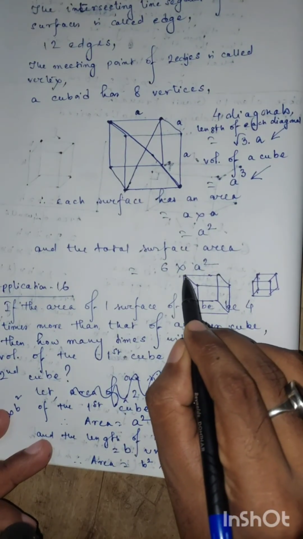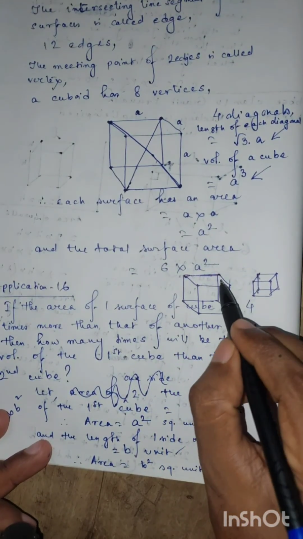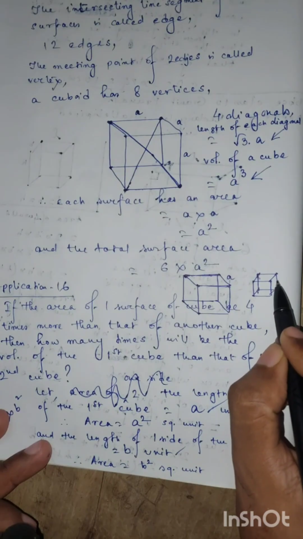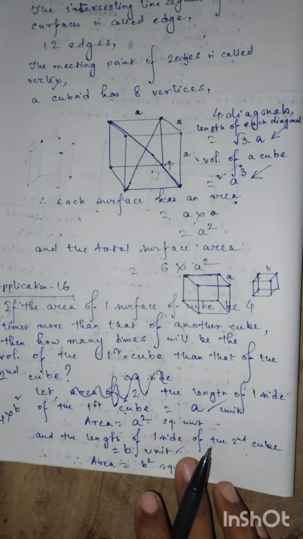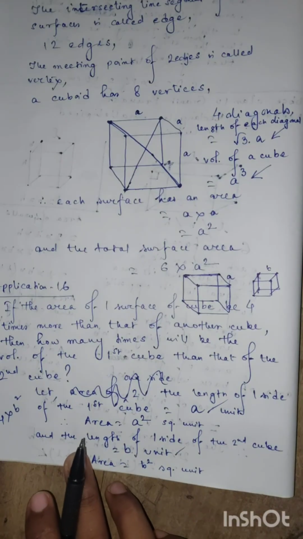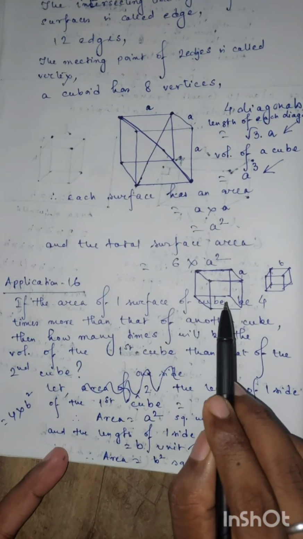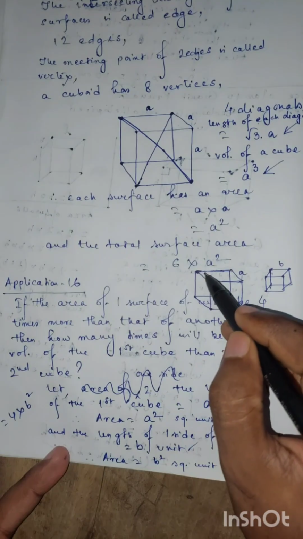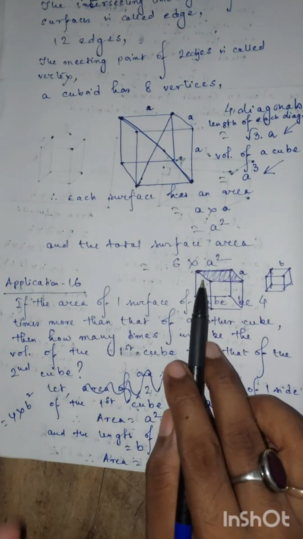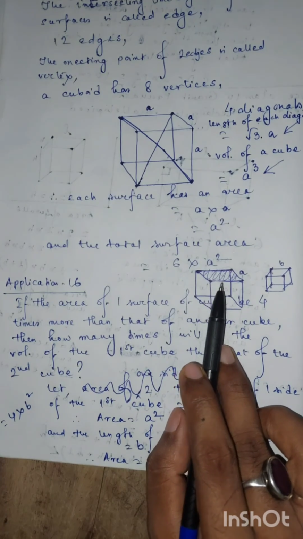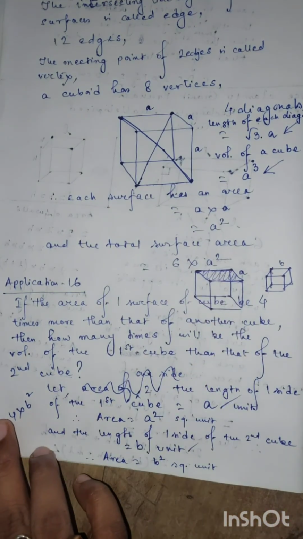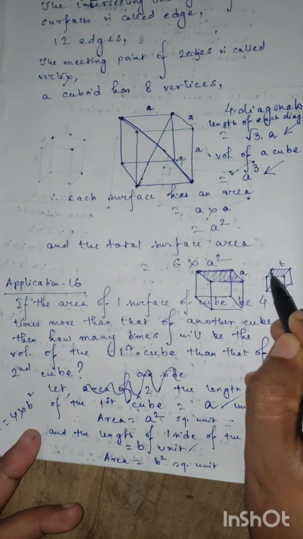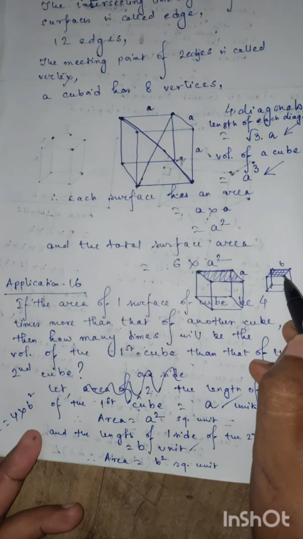First cube has sides of length A, and the second cube has sides of length B. Now it is said that the area of one surface of the first cube, let us assume this surface, is 4 times the area of one surface, let us assume this surface.